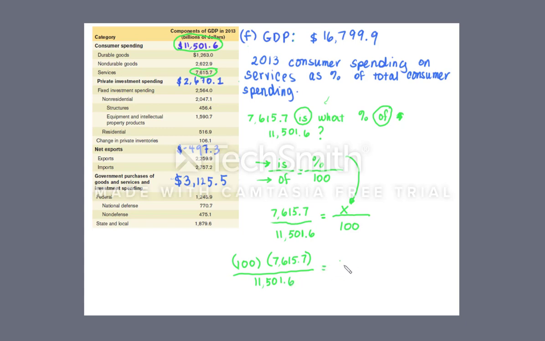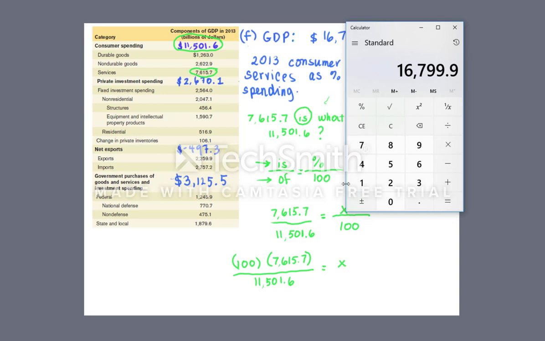I will do 7,615.7 times 100, and then I'm going to divide that number by 11,501.6. What do I get? I get 66.2. That means that x in this case equals, let me just make sure I saw that correctly, 66.2%.